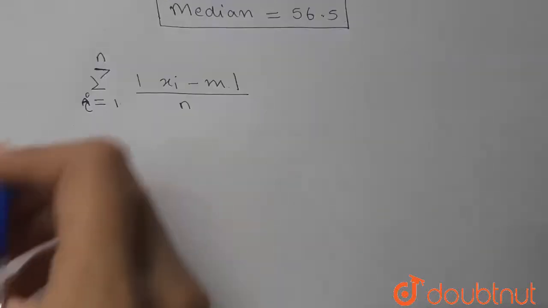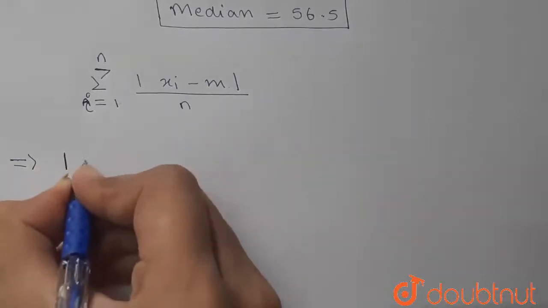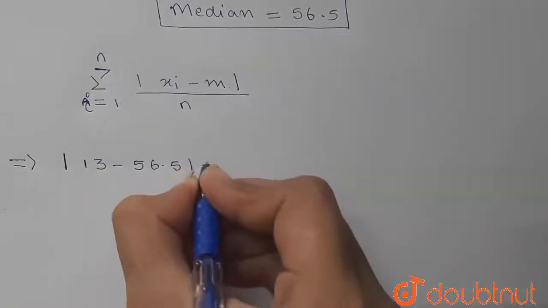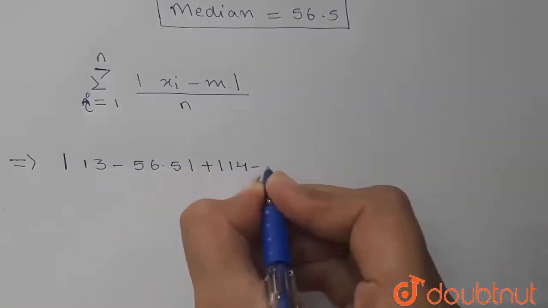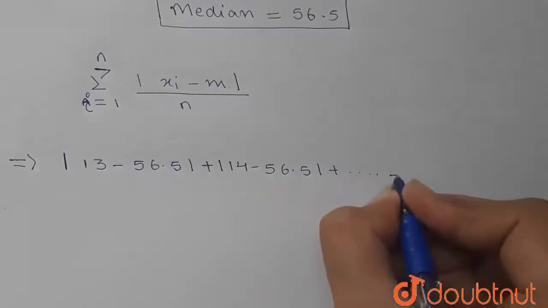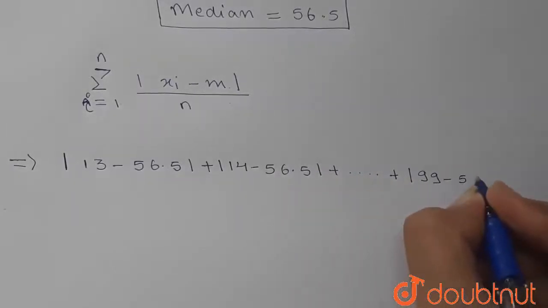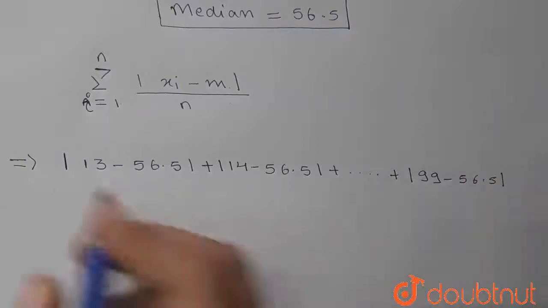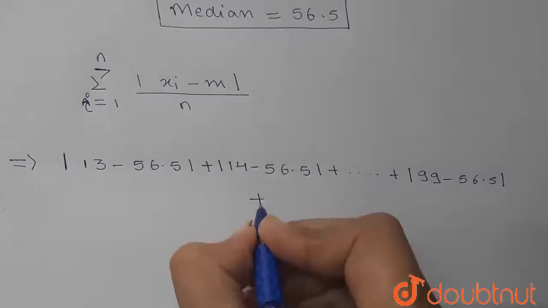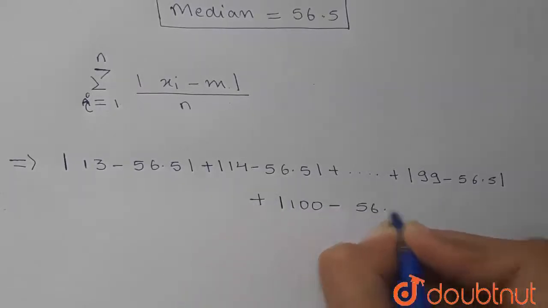So when we put the values of x_i here, this will become mod of 13 minus 56.5, plus mod of 14 minus 56.5, plus so on, plus mod of 99 minus 56.5, and the last is 100 minus 56.5, because it is going till 100.